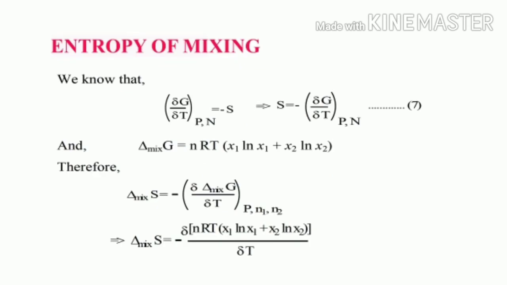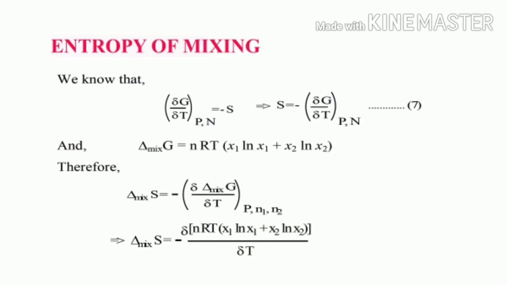Okay, now let us discuss the entropy of mixing. We know that ∂G by ∂T at constant pressure and composition is equal to minus S, right? So from this we can write that S equal to minus ∂G by ∂T at constant P, and give it equation number 7.